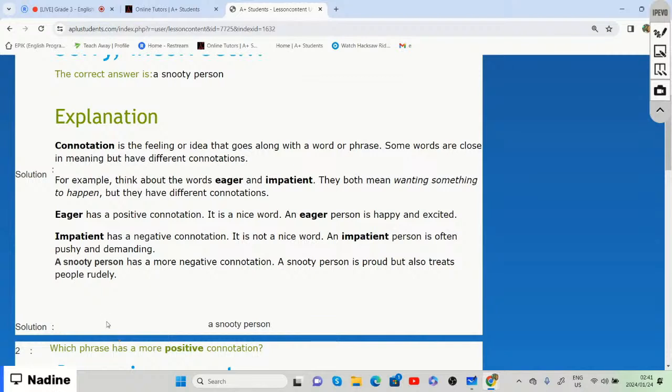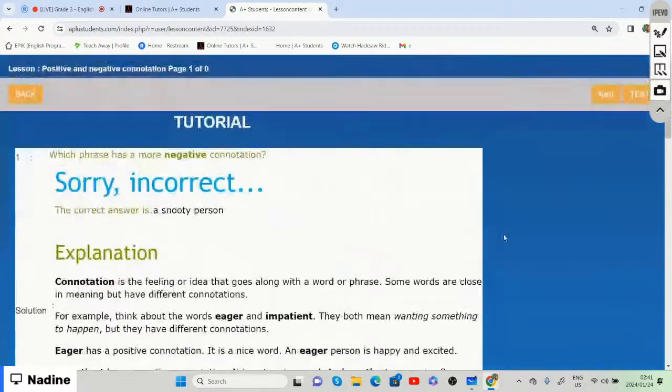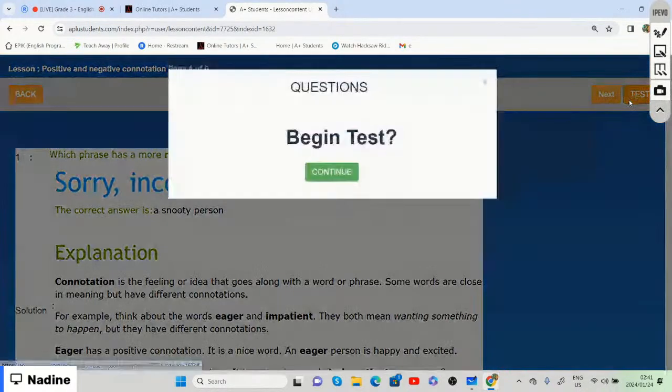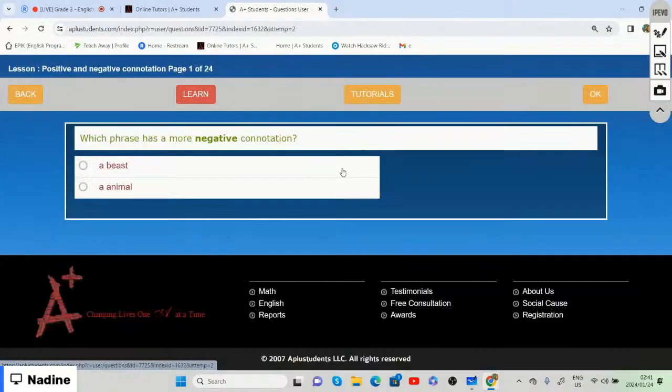And we said when it comes to impatient, right, that has a negative connotation because it can be very pushy and it can be very demanding. Now let's go to our test on connotation, whether it's positive or negative.